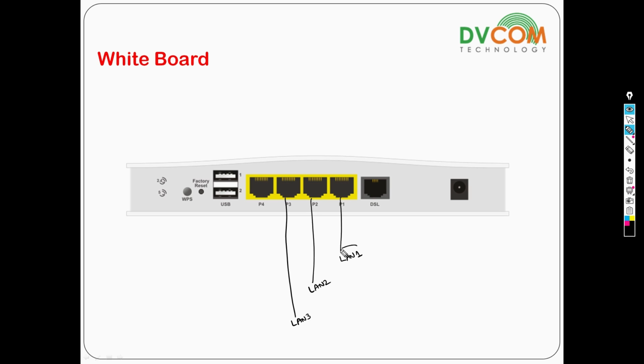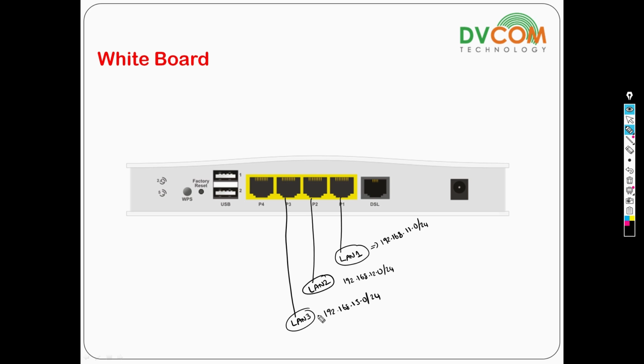For port number 1 we changed the subnet to 192.168.11.0 and port number 2 we changed to 192.168.12.0. Port number 3 we changed to 192.168.13.0. So we have configured each and every subnet onto a different port.